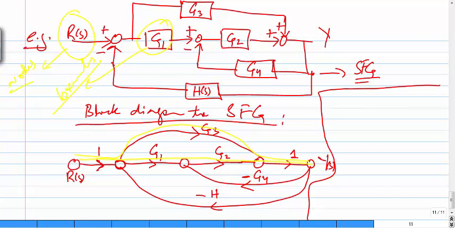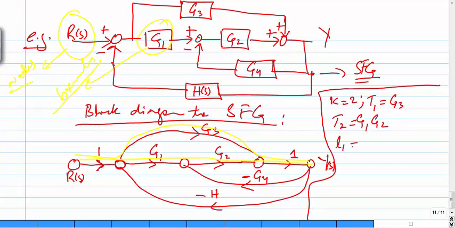This is path number 2. Okay, there's only 2 paths. So first thing we find is k equal to 2. Second thing is T1 is G3 and T2 is G1 and G2.